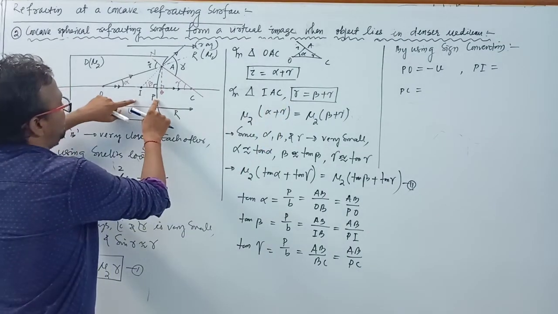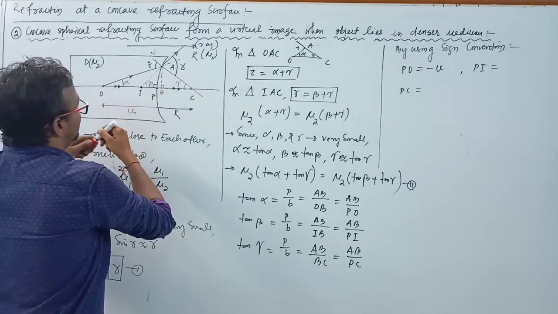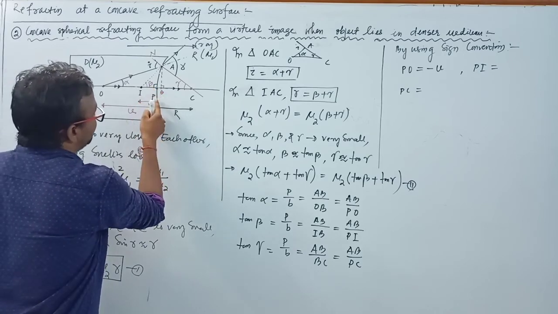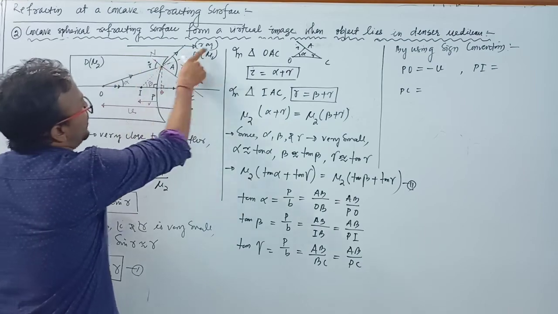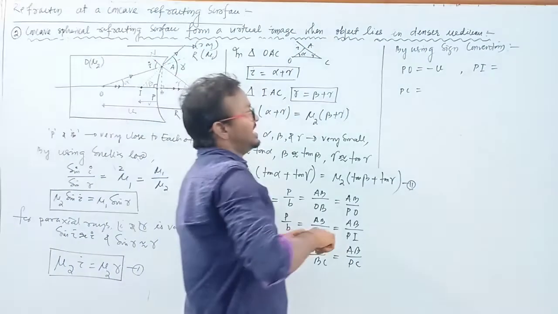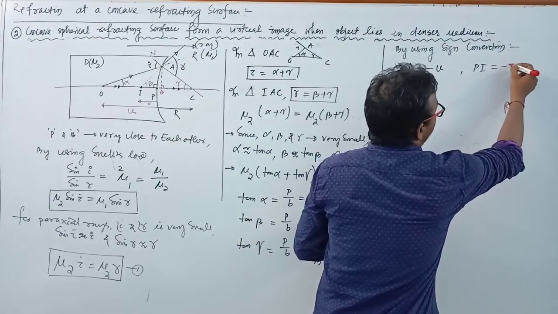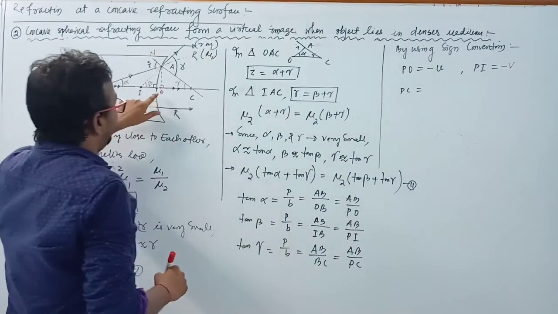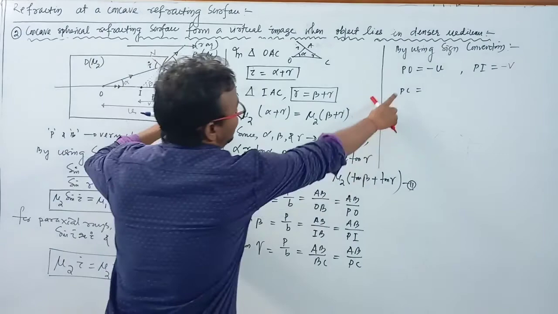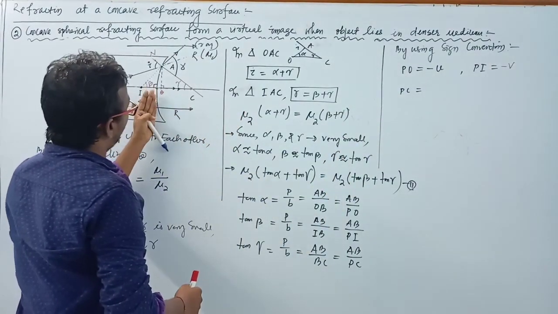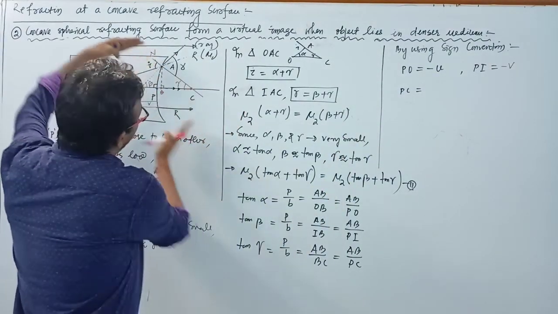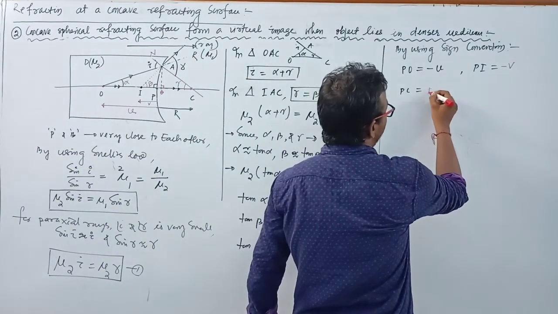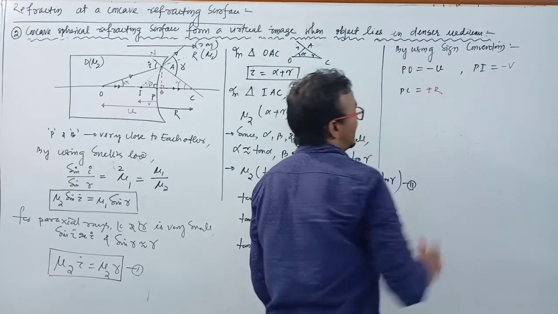Similarly, PI, this distance is known as the image distance, and this image distance is always measured from the pole to the image. So this is the opposite direction of incident ray, and this can be written as minus V. Similarly, PC, the distance PC is always measured from the pole to the center of curvature, which is along the direction of incident ray.